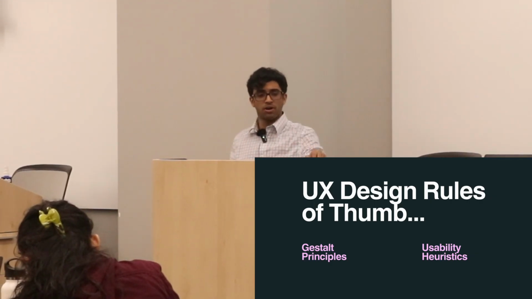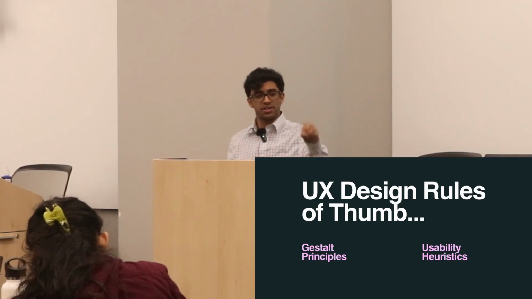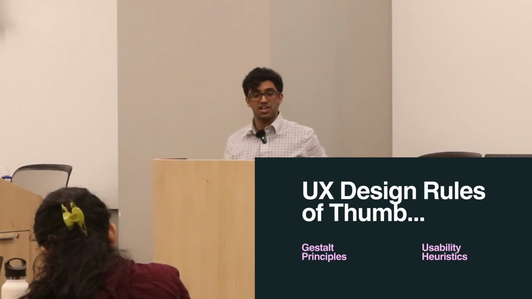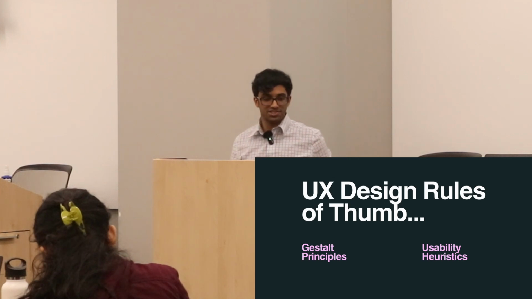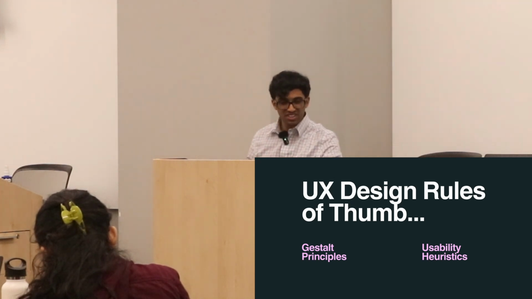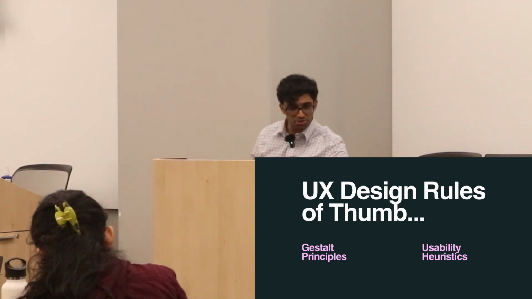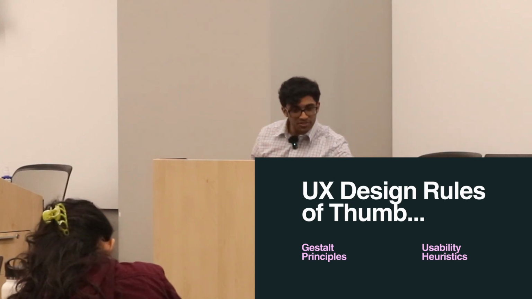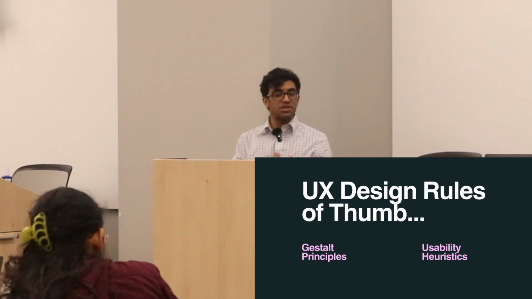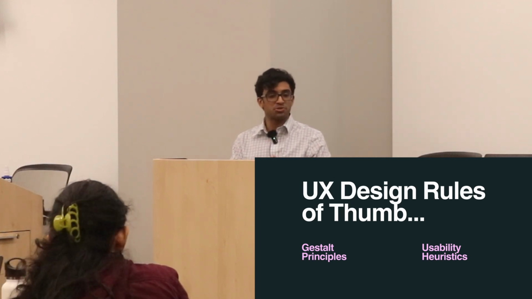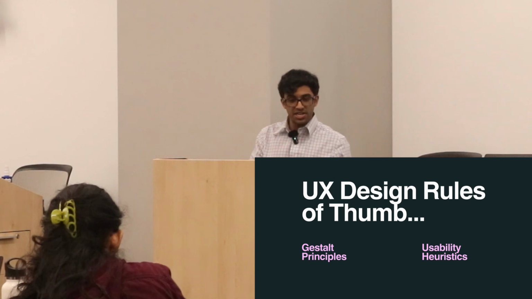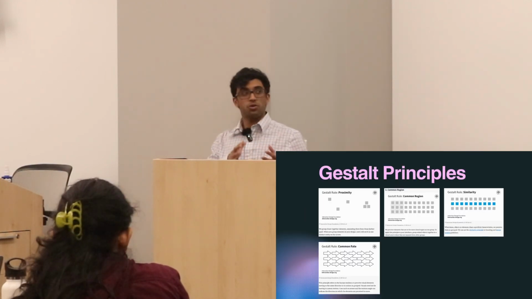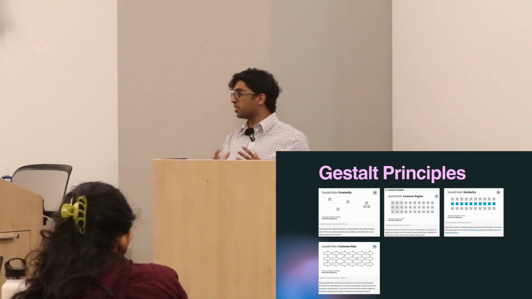These two principles are things I always go back to, Gestalt principles and usability heuristics, specifically usability heuristics. So Gestalt principles, I won't talk about this too much. It's very basic design principles and ideologies like proximity, common region, similarity: things that are closer to each other should be grouped together and will relate to each other.